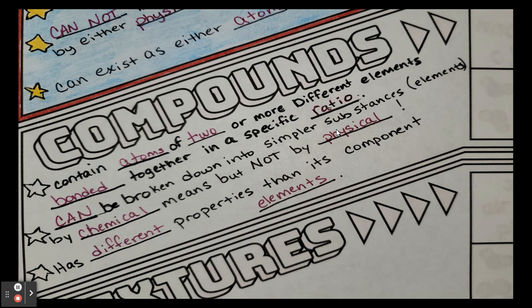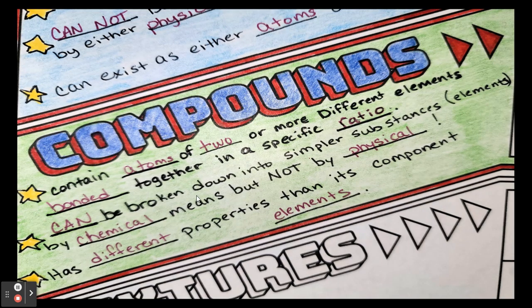We can't just split them up. We have to completely break them down. Compounds have different properties than their component elements. So the compound could look different than the elements that create it. Let's look at some examples. There's the way we're going to color it. Remember to pause the video if you need to.